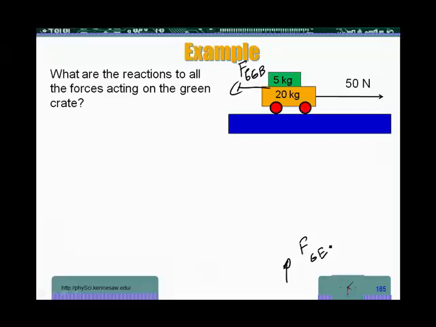Now, the third force we discussed in the previous screen was a normal force that's exerted by the buggy on the green crate. The reaction to that should be a normal force that the green crate exerts on the buggy. Okay. These are the reactions.